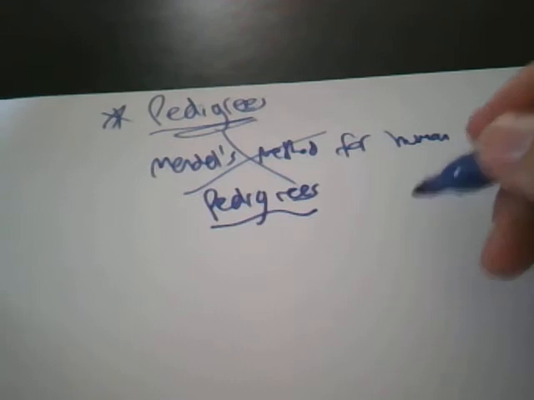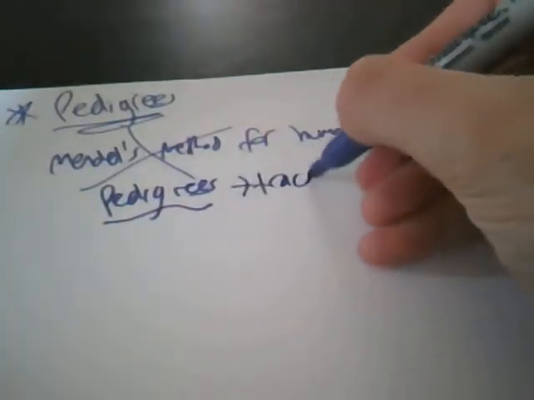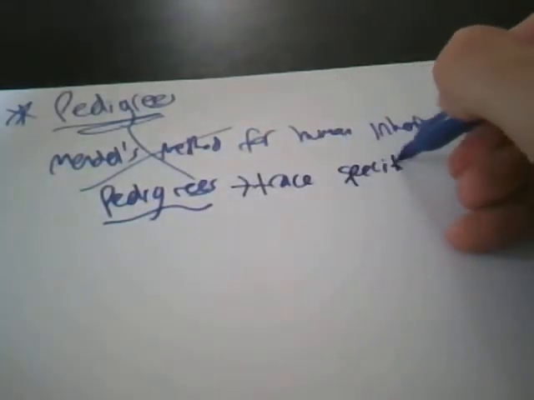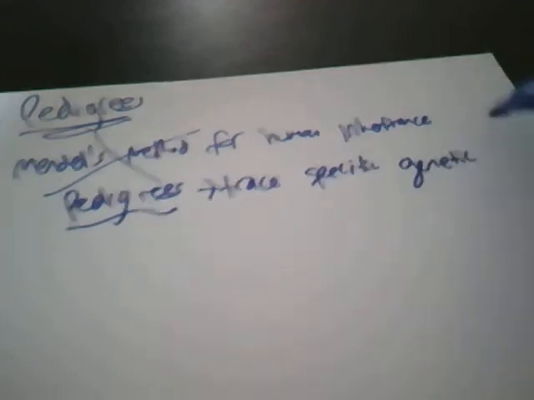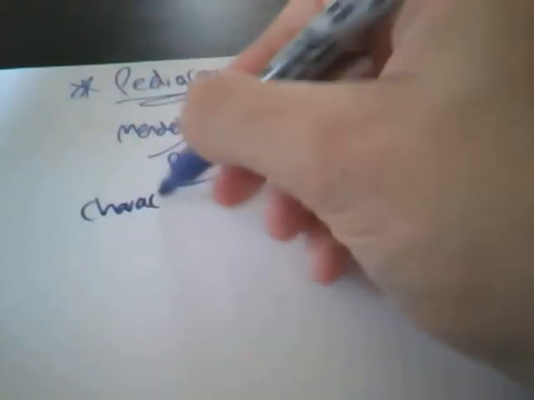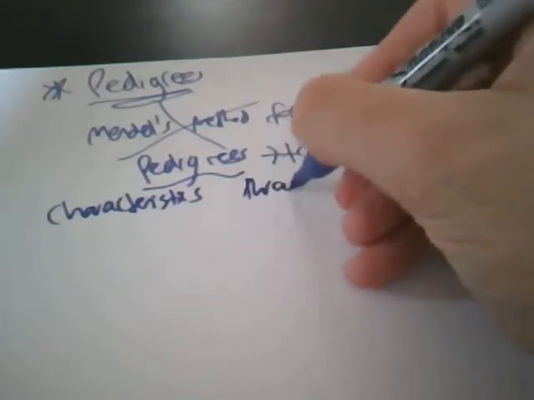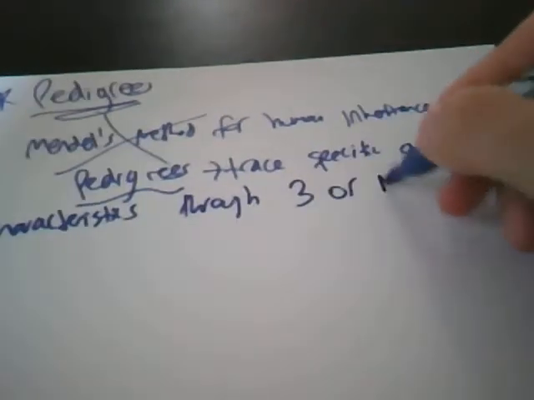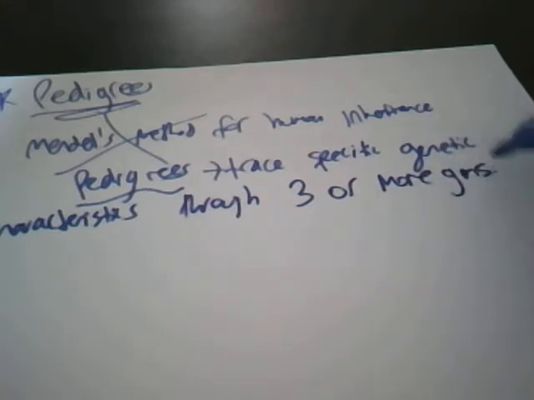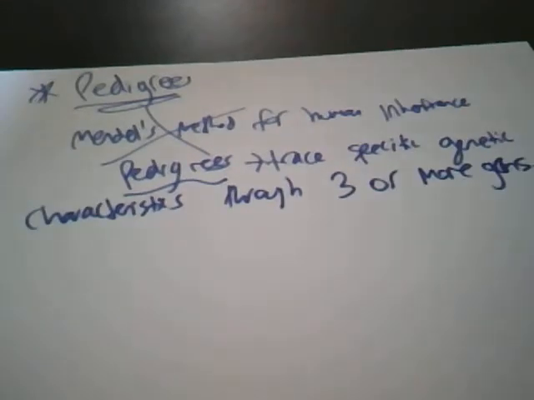Family pedigrees, by definition, trace specific genetic characteristics through 3 or more generations. It's basically a pictorial family tree.